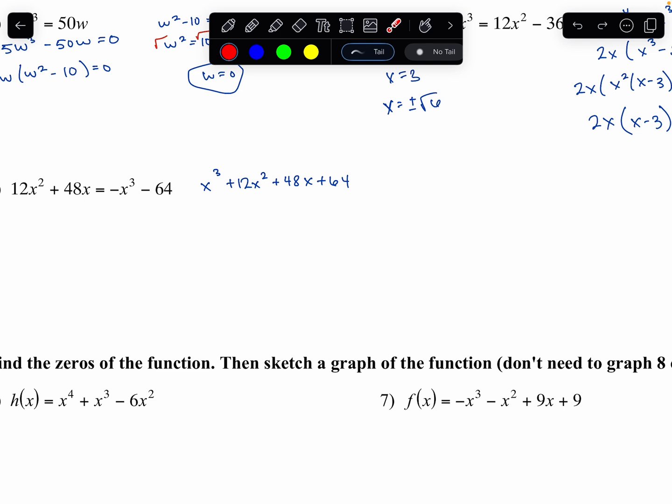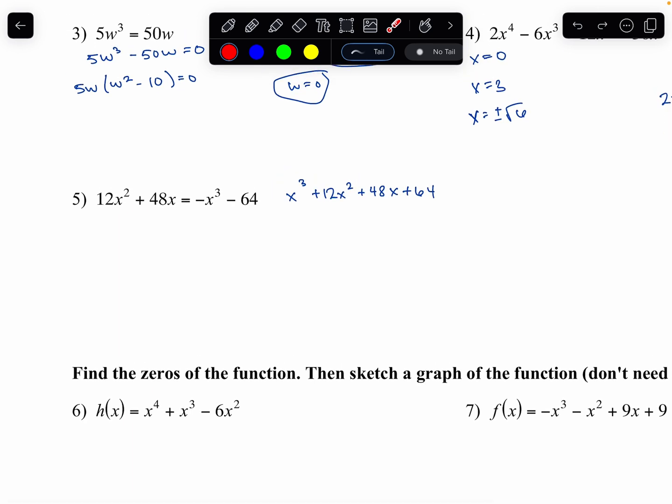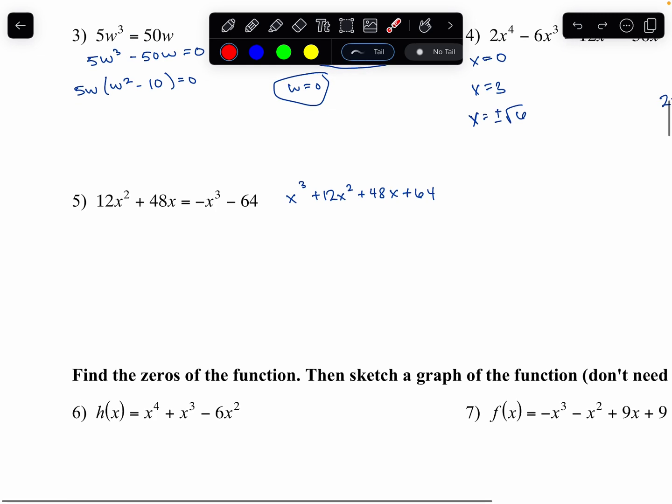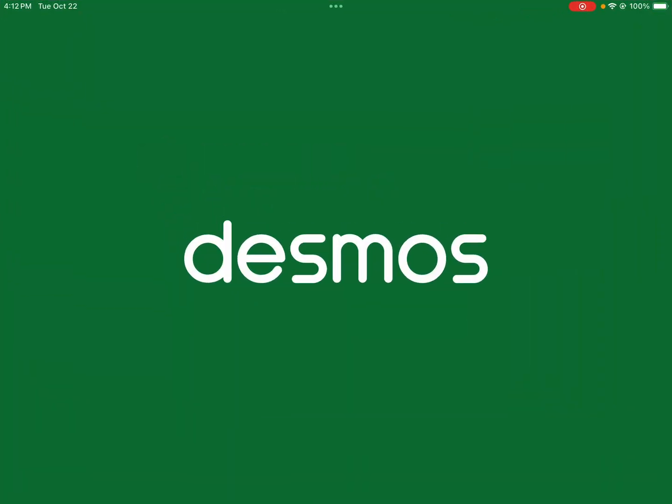But yeah, I'm not going to do that. I mean, I could, but yeah, I'm just going to graph this. So this is another way that you can find possible zeros.